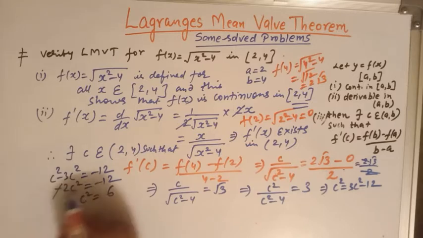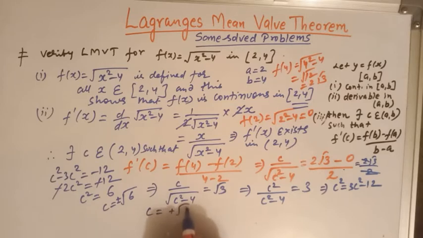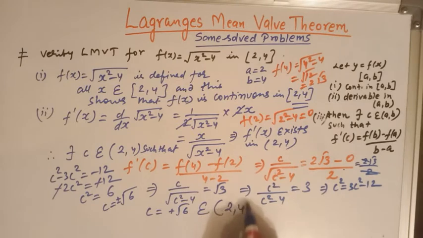Clear? So minus minus get cancelled and c square is equal to 6. Now c can be written as plus minus square root of 6. Clear? So we see that c equal to plus square root of 6 belongs to this interval (2, 4).